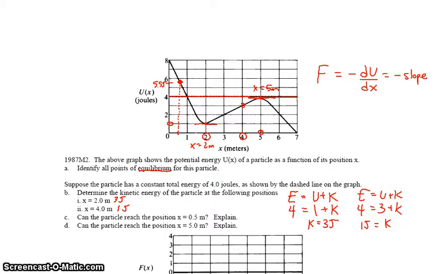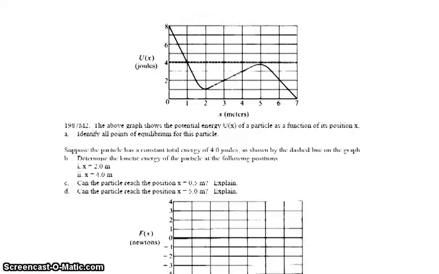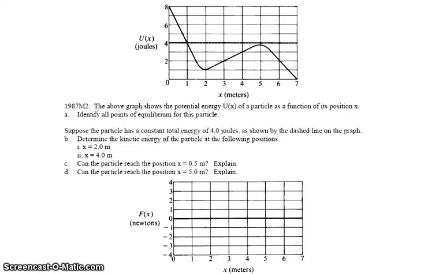And this goes back to, give me a moment here, I'm going to clear some things. This goes back to what I was saying earlier, and that is that force is the negative slope of the potential energy versus position graph. So what I would do is take some points and calculate some slopes.